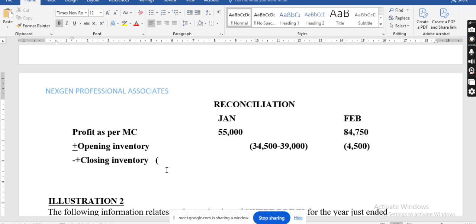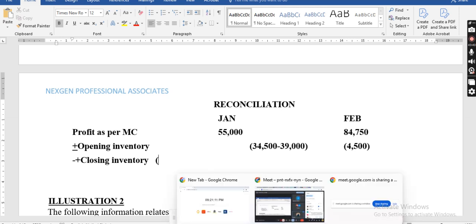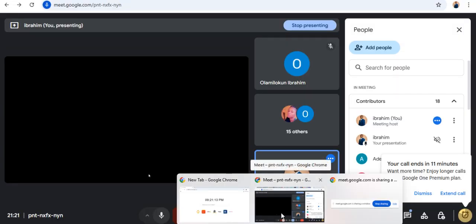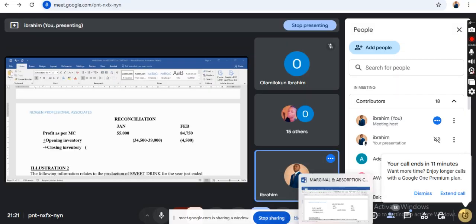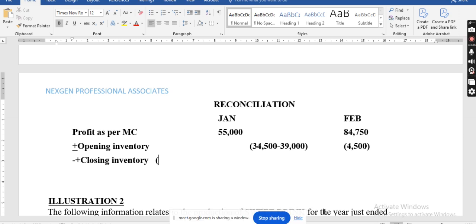For January, what do you have for marginal costing? 34,500. Okay, 34,500. Minus, what is the closing for January under absorption costing? 39,000. Thank you.